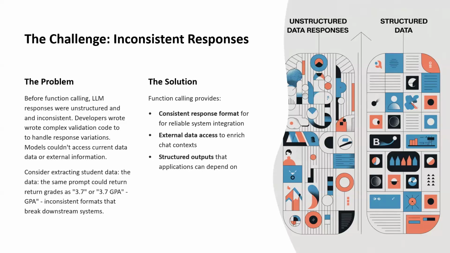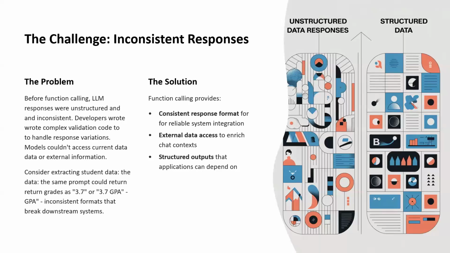Function calls allow your model to perform external activities, external solutions that normally they would not have been able to perform, like going to a different website, going to a different platform to gather information, retrieve that information and display it back for the user or the developer. Now, a quick example would be you're extracting student data, and the same prompt could return grades as 3.7 and 3.7 GPA.